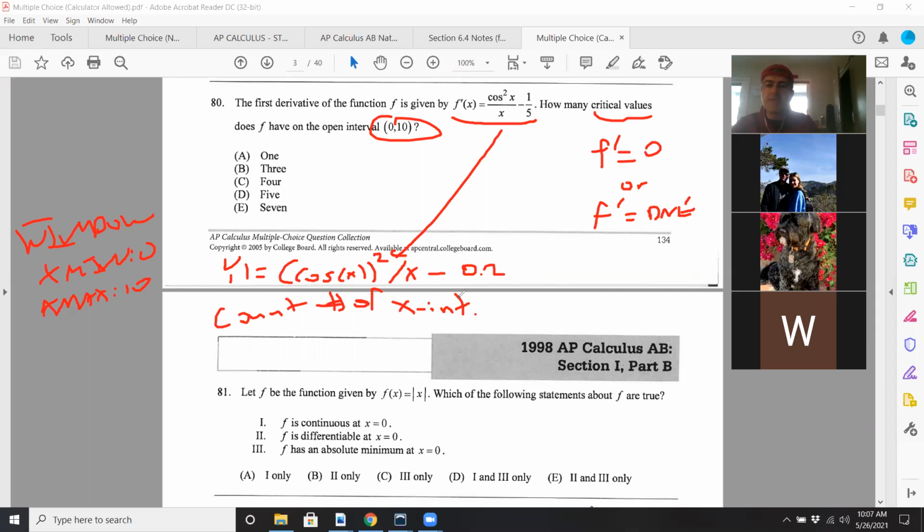So how many x-intercepts are you guys getting? Oh, you have to be in radian mode too, by the way. You'll never ever be in degree mode for this test. So again, just graph that and count the number of x-intercepts.